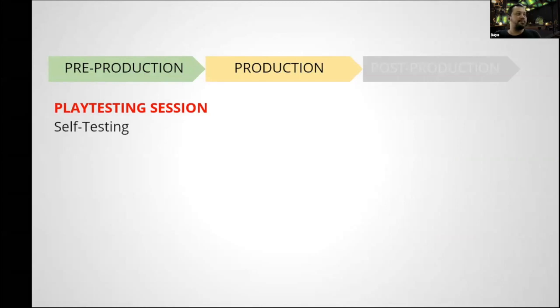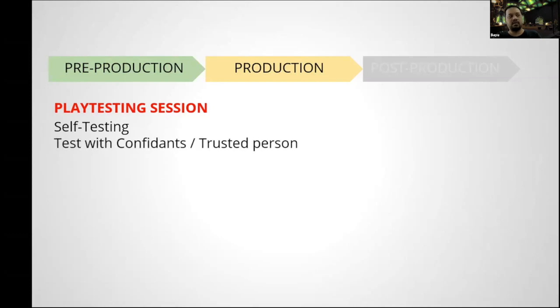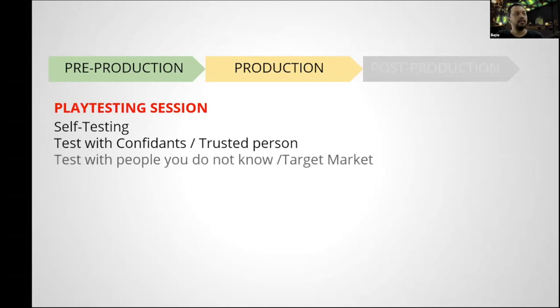As for types of playtesting sessions, there is self-testing. This is where you test your own game by yourself to see if it's working or not. You can also test with a trusted person. Normally, a student will ask other students to test their game in a group, or you can ask your family to play your game and give feedback.